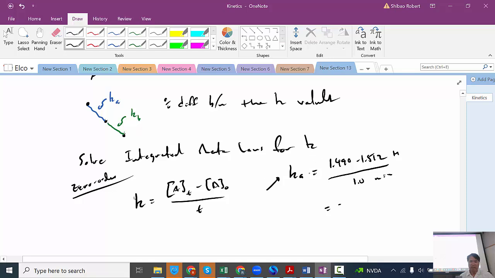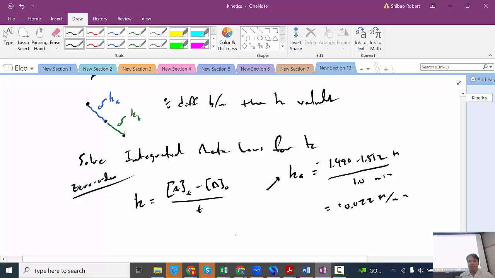Oops. Oh, this should be a negative here. Negative KT. So this is going to be plus 0.022 molar per minute. All right, that's the first segment there.